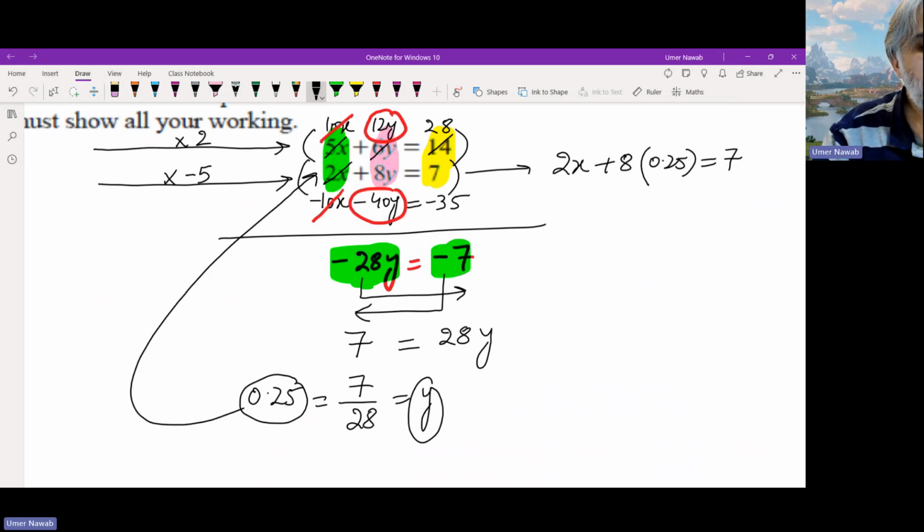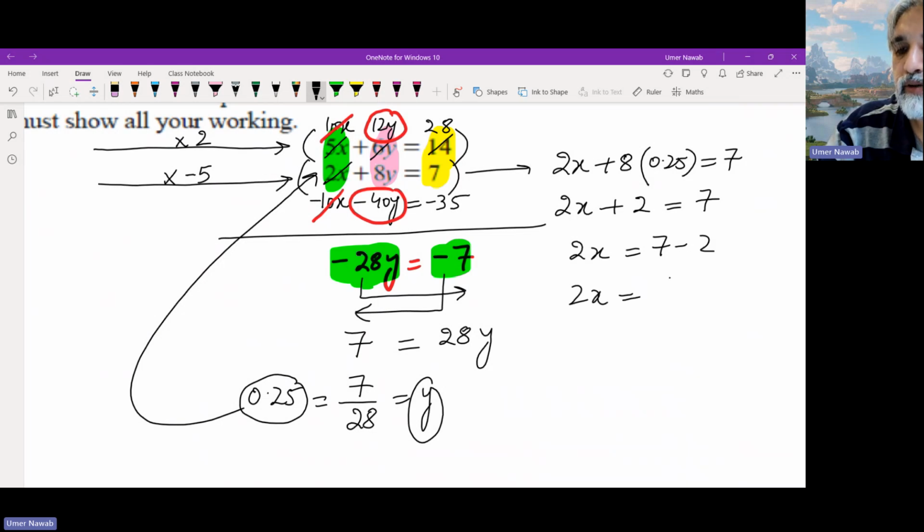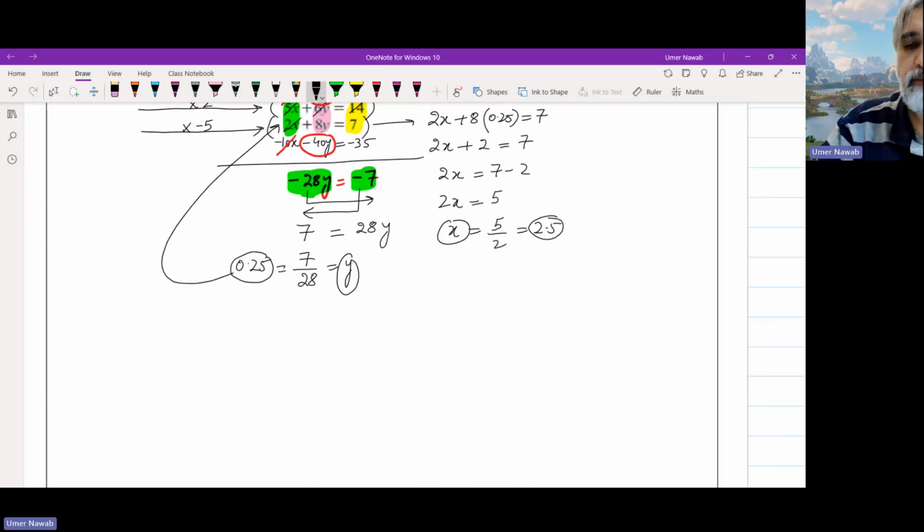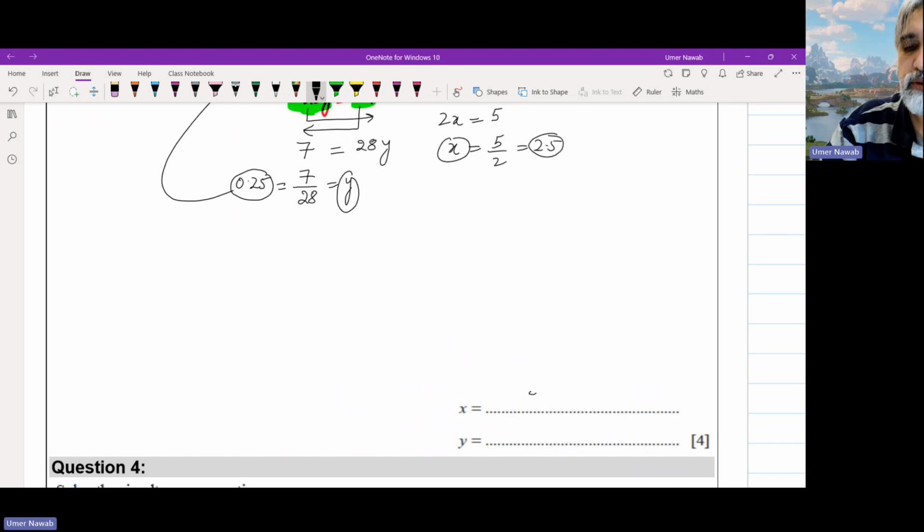Now, when I solve it, 8 times 0.25, you may use a calculator, gives you 2. So 2x plus 2 is equal to 7, 2x is equals to 7 minus 2. 2x is equals to 5, and x is equals to 5 over 2, or 2.5. So finally, I'm going to write here x is equals to 2.5 and y is equals to 0.25.